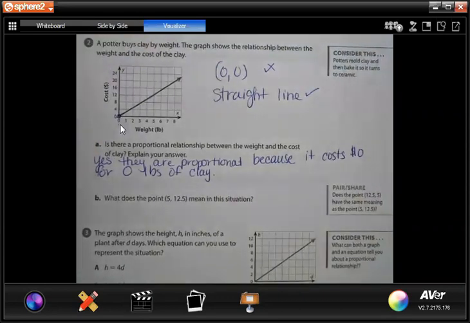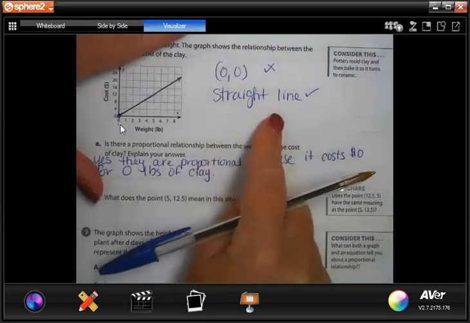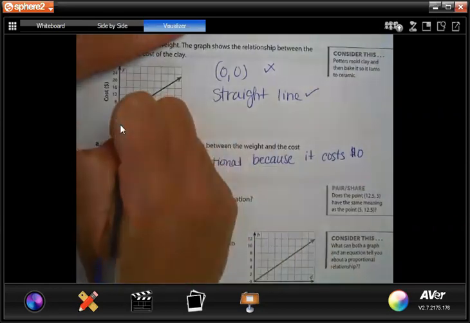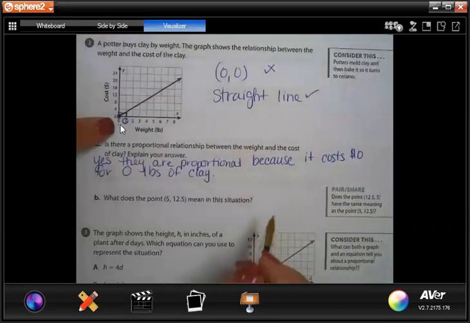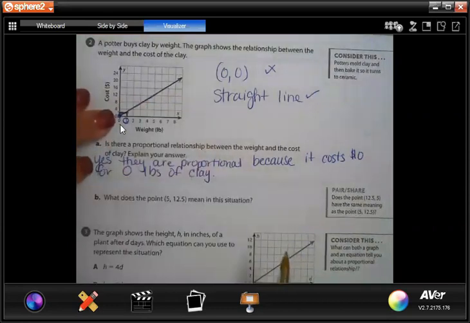Now, here's the harder part. To prove that it's a straight line, we have to find the constant. And I've been telling you guys, you always go to 1 and find out where that's at. But our 1, if we go over to our cost, it doesn't give us an exact amount. So we're going to have to find a better intercepting point.